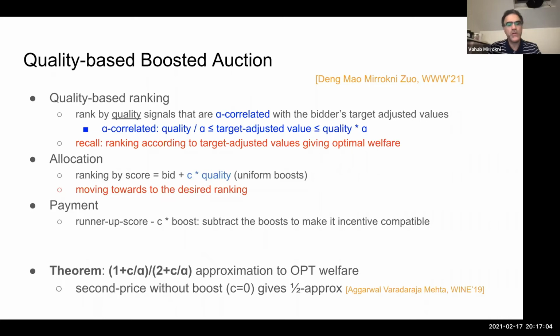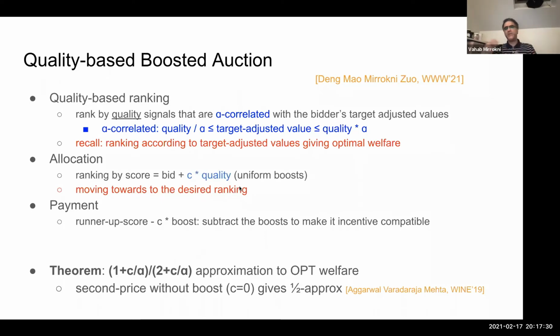In particular, if we come up with a quality signal that is alpha correlated with the target adjusted value, then instead of sorting based on bids or bid times PCTR, we can add a term to the auction score, C times this quality score.